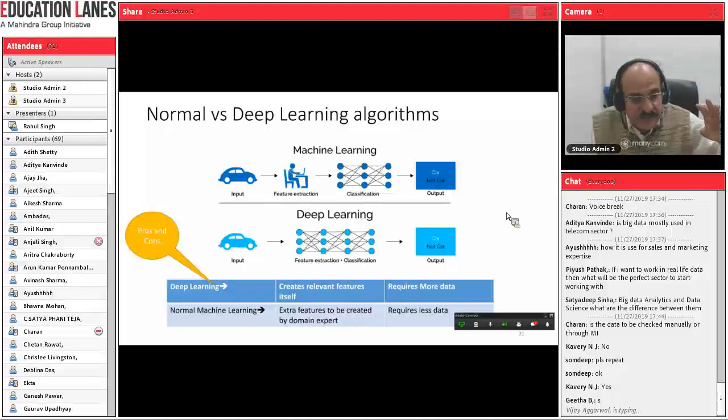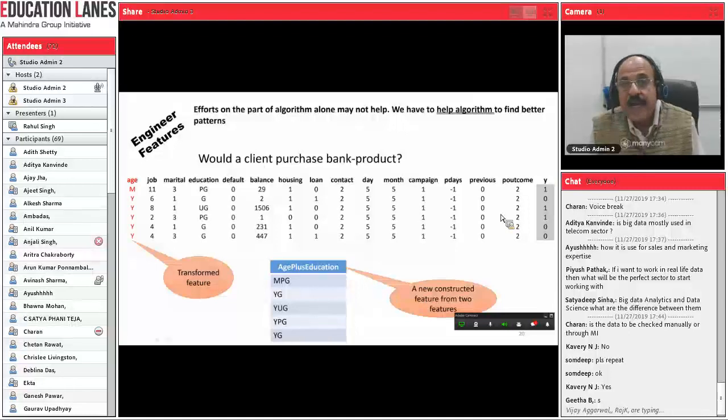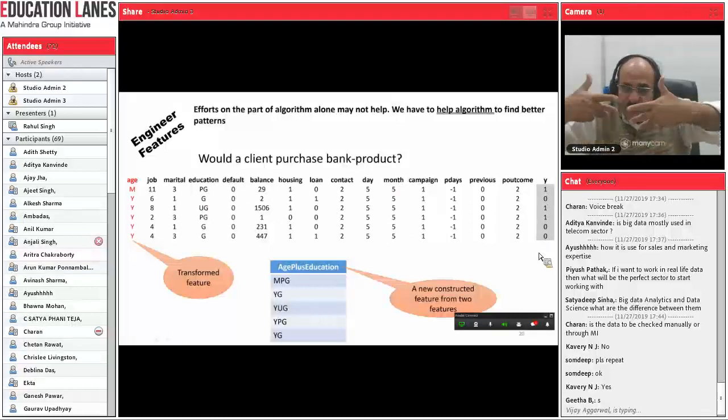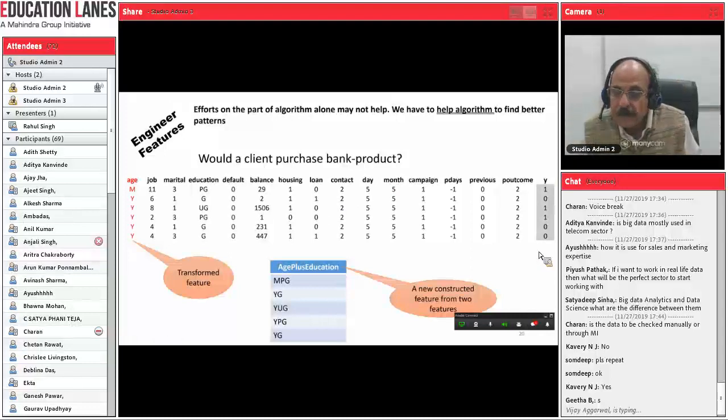I am not constrained to these 10 columns. But what deep learning would do is multiply a column or divide something by something, or add up some columns. It will create new features that help in making better prediction.